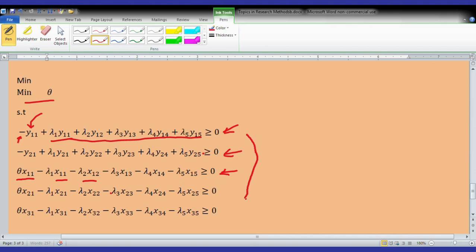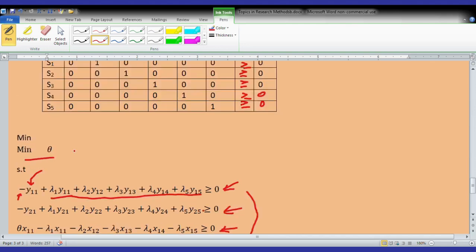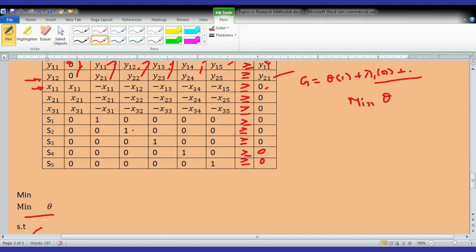So these are the first 5 constraints, and then we have the rest of the constraints. For S1, we have 0 multiplied by theta, 1 multiplied by lambda 1, 0, 0, 0, 0. So what we get here is that lambda 1 is greater than or equal to 0.